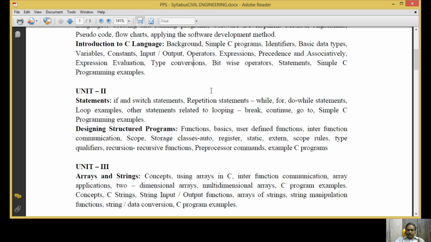The second part of the second unit deals with modular approach to program. Let us understand what is this modular approach in terms of a simple day-to-day activity. We want to have food. We divide the process of having food into having a curry, a pickle, a sambar, and each of these are individual modules.